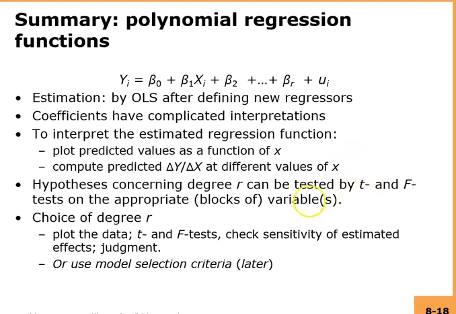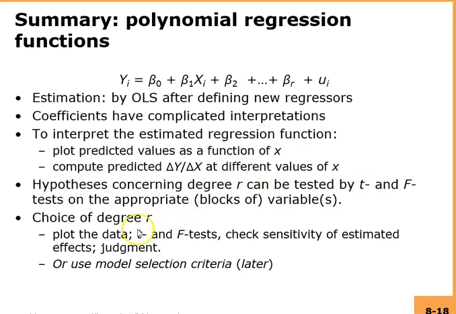And the f-test, like I showed in the previous slide, can be used to check against the null of linearity, that is, against the null that the coefficients of the polynomial variables are equal to 0.